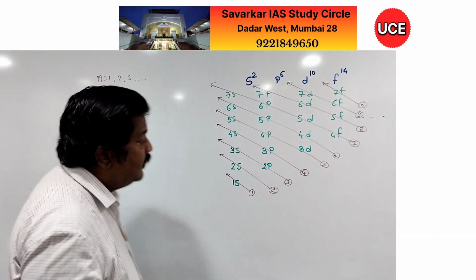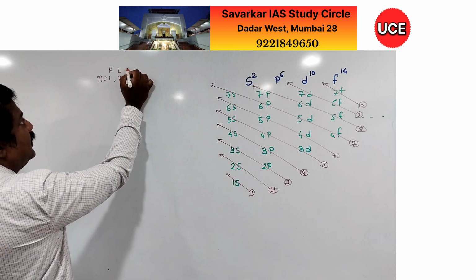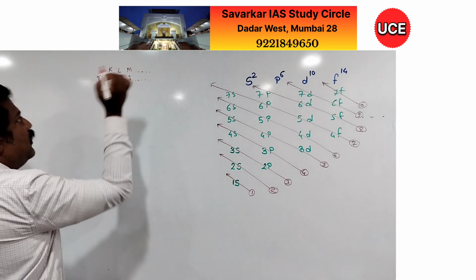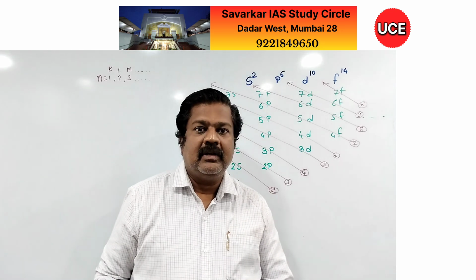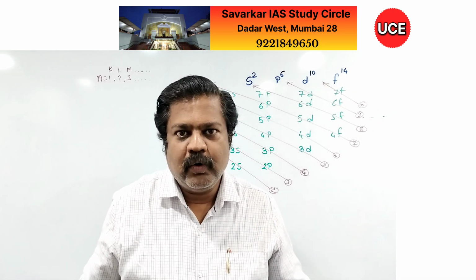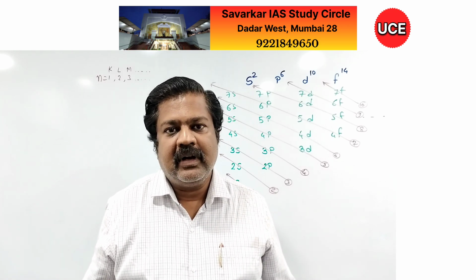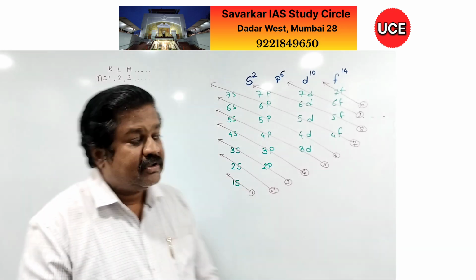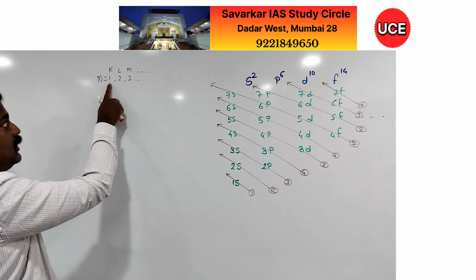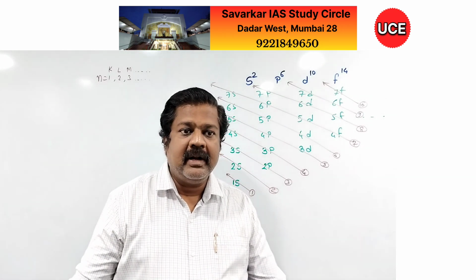They are also termed as n equal to 1 is K, then L, M and so on. So this is called the principal quantum number, denoted by the letters K, L, M, N. Generally we denote it as small n, the principal number. It is all integers starting from 1, 2, 3, 4, like that.